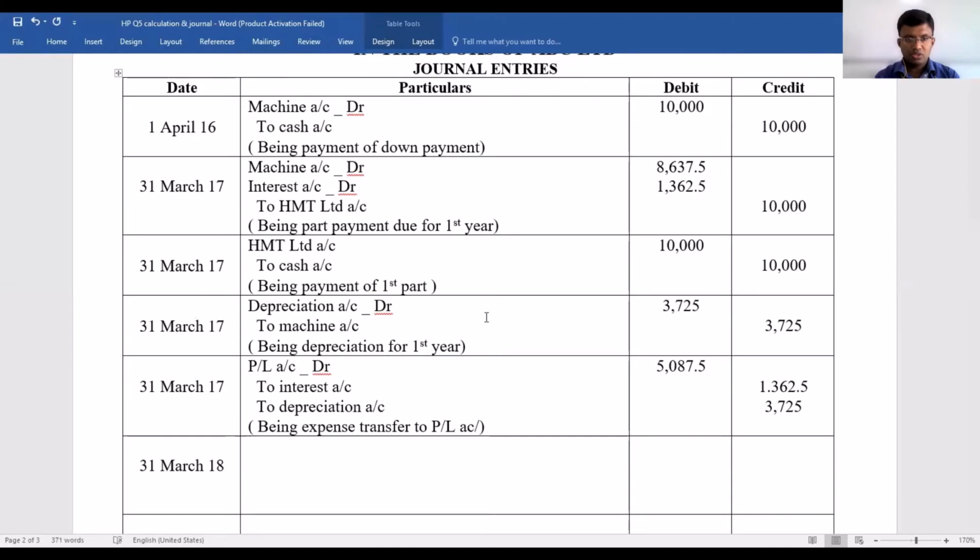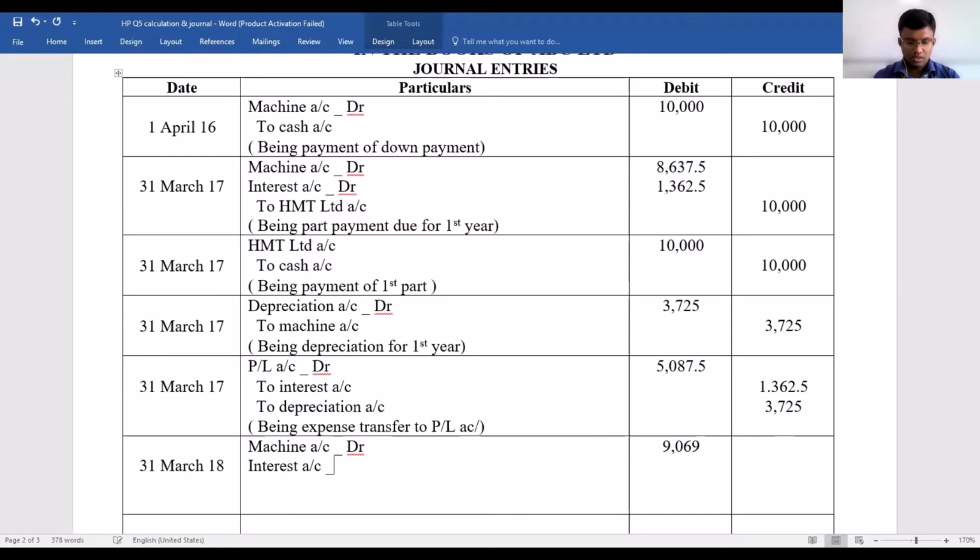So on 31st March 2018, at first, the part payment has to be due for the second year. So it will be machine account debited, and the amount over here would be 9,069.